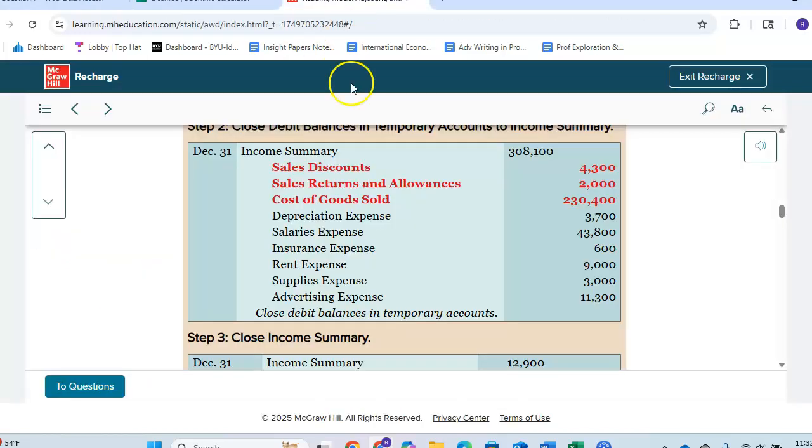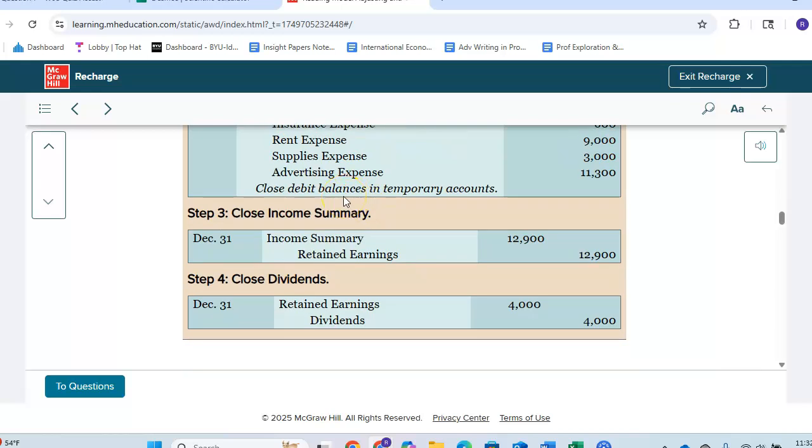Now, to close the income summary amount, it's the same as any other closing of income summary, where we debit the income summary for the amount that's in there, and then credit retained earnings for that same amount.